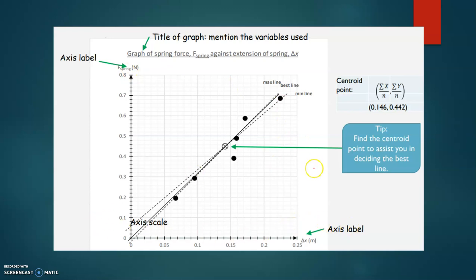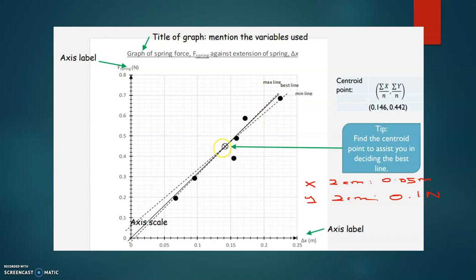The scale for x, maybe 2 centimeter equal to 0.05 meter. The scale for y, 2 centimeter is equal to 0.1 meter. Then the tips on how to draw the best line, the maximum line, and the minimum line.